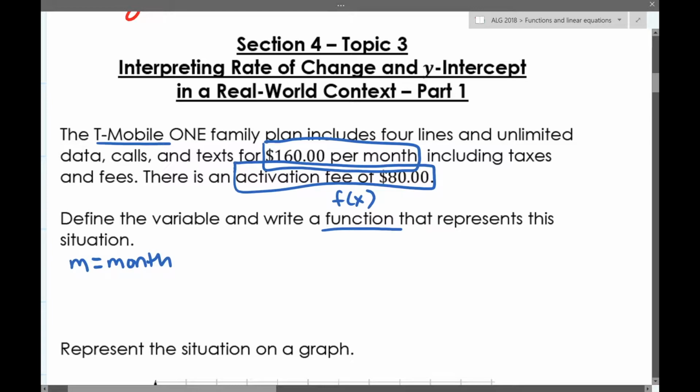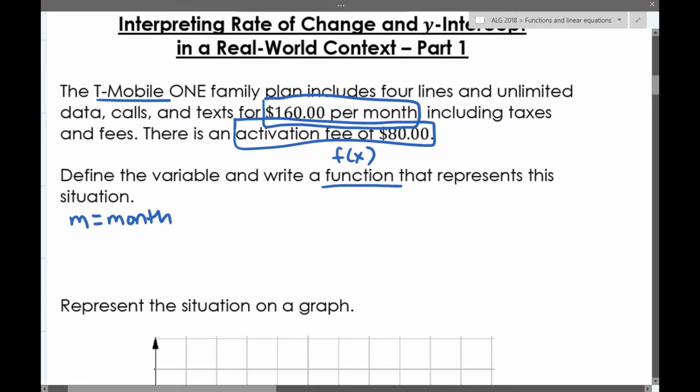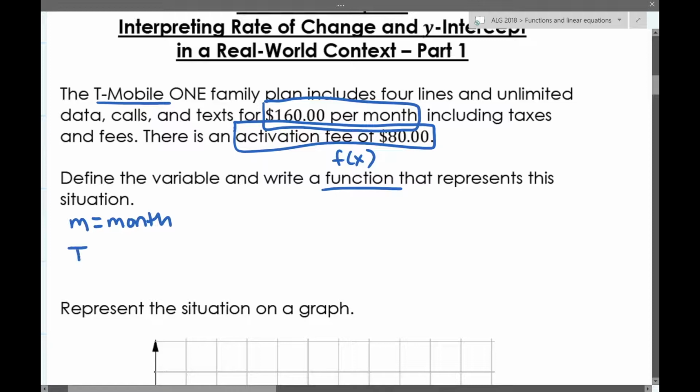Okay. But that's not the only thing I need to figure out. I also want to figure out the T of M. Now the T of M, again, the reason I'm using T is because we're talking about T-Mobile. The M stands for the month, but if I put both of these together, it would stand for the total cost. Okay? So I defined all my variables.